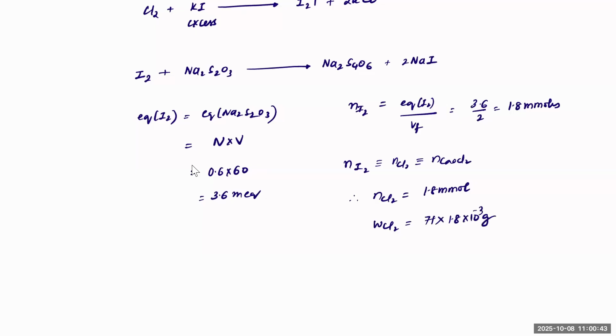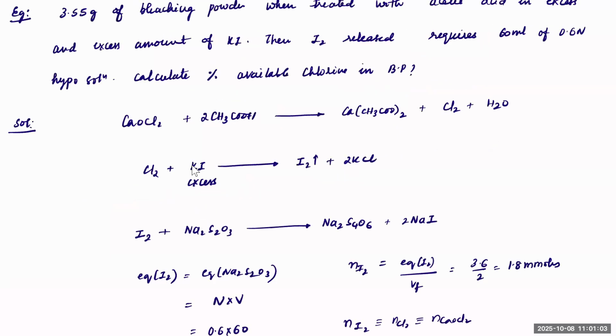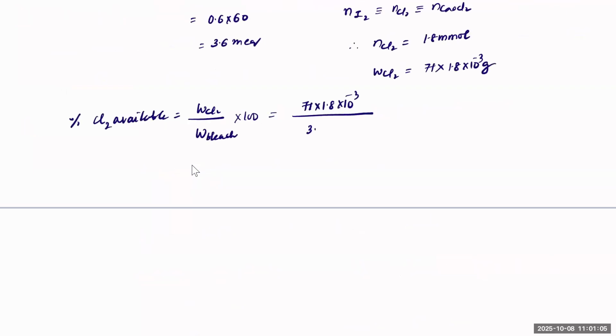So from there, percentage Cl2 available will be equal to weight of chlorine by weight of bleaching powder into 100. So that is equal to 71 into 1.8 into 10 raised to power of minus 3 divided by weight. How much is given? 3.55, into 100. Clear, beta?